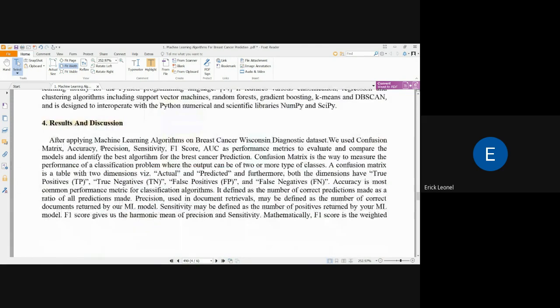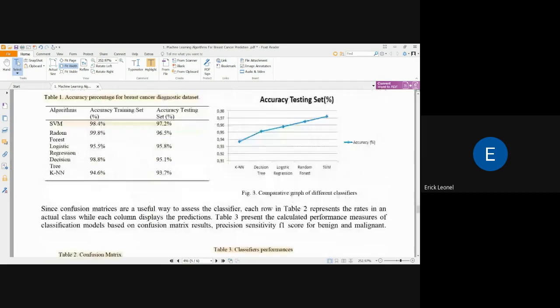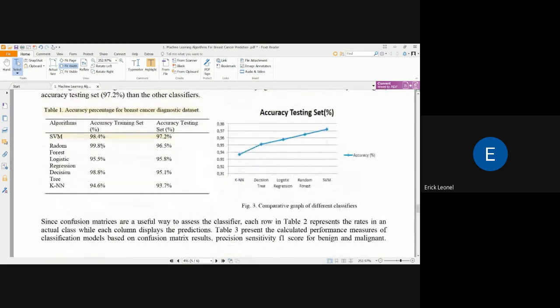Regarding results and discussion, after applying machine learning algorithms to the data set, as we mentioned, it was used the confusion matrix, accuracy, precision, sensitivity, F1 measure, and AUC curve, as we see in the next page.